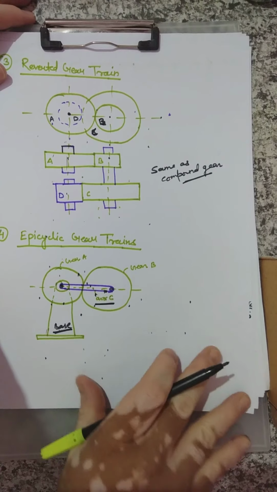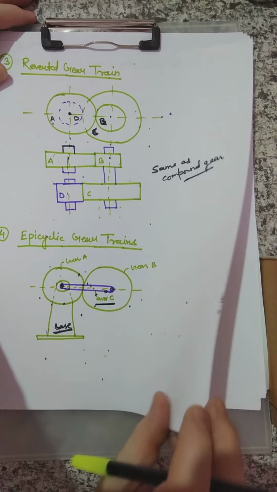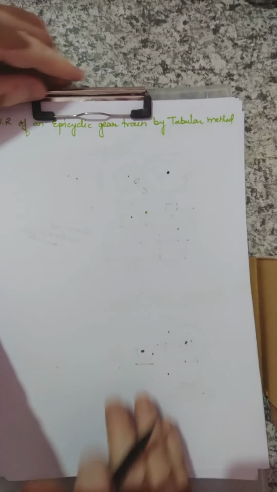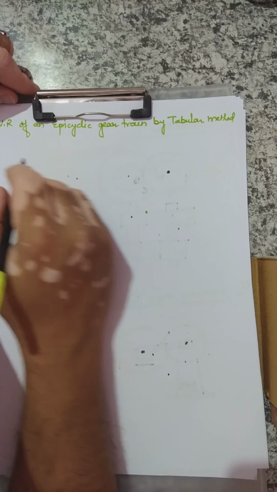Now we will see what the velocity ratio of an epicyclic gear train is, in tabular form.